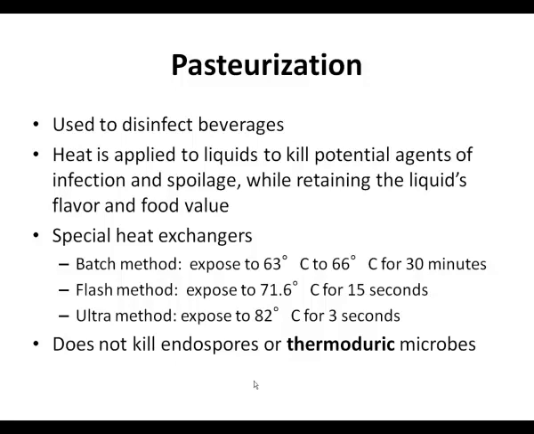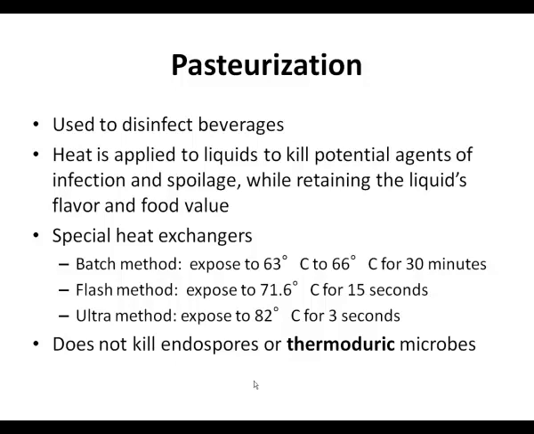You have some specific methods. The first one is called the batch method, where you're going to expose your fluid, your product, to temperatures that range between 63 and 66 degrees centigrade, and you're going to hold them there for 30 minutes. Then you're going to have the flash method.